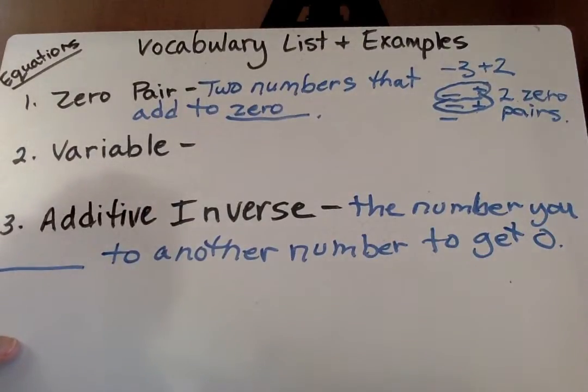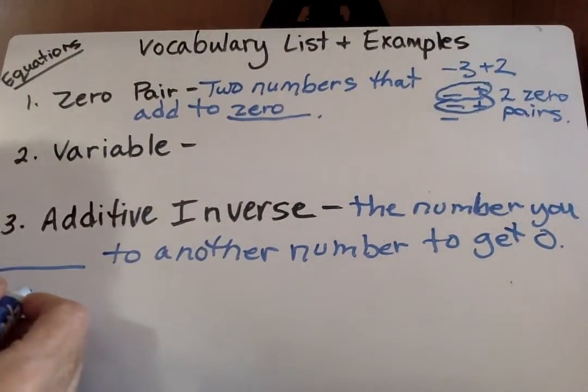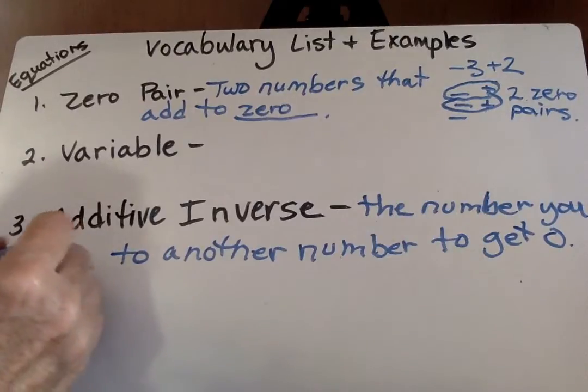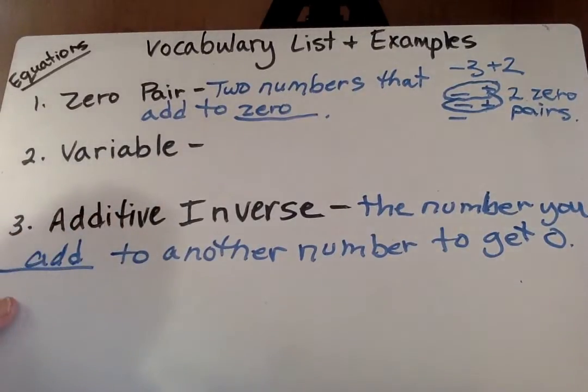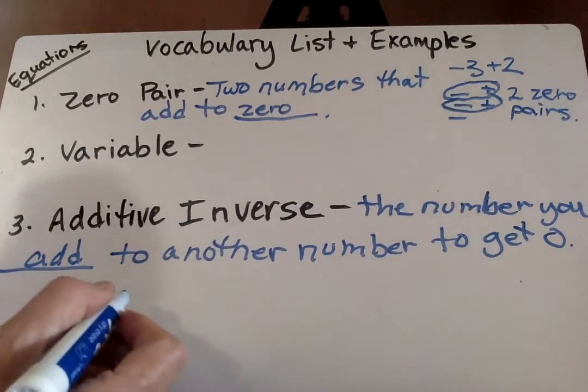Okay. And what do we put in this blank? Add. The number you add to another number to get zero.